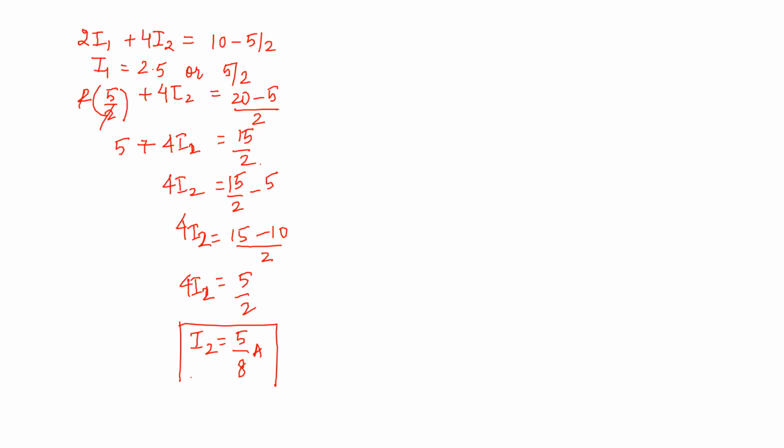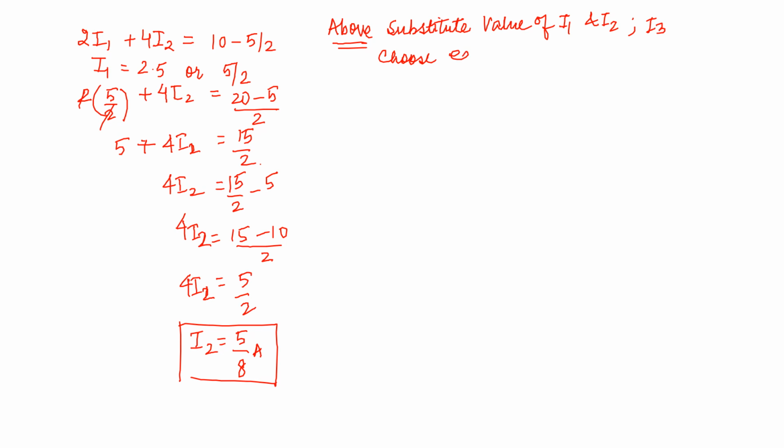Okay. Now it's high time for us to find the value of I3. In any of the above given equations, if we substitute the values of I1 and I2, we will get the value of I3. I choose equation number 2 because that is the simplest. Equation number 2 is I1 plus 6I2 plus 2I3 equals to 10.